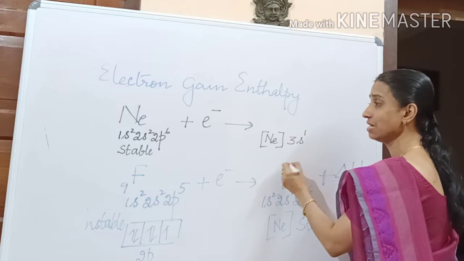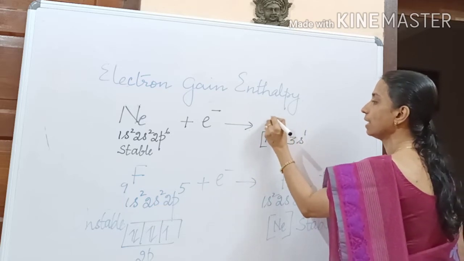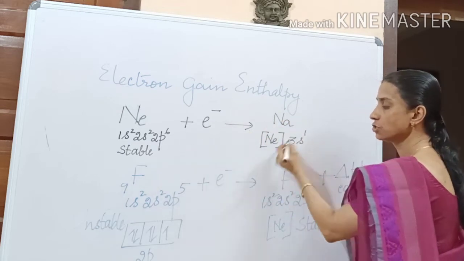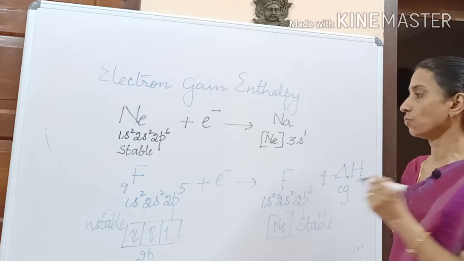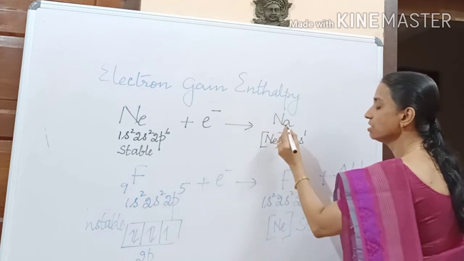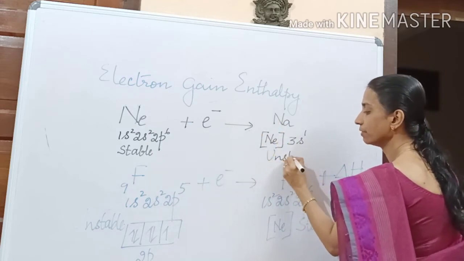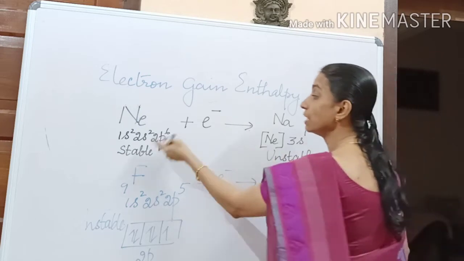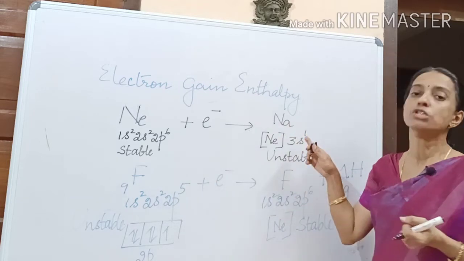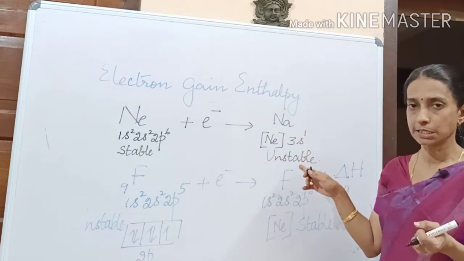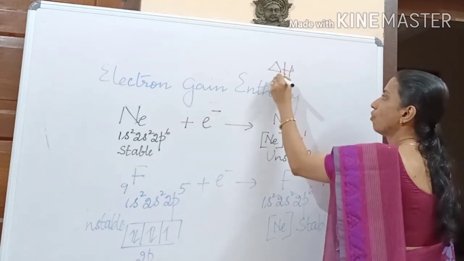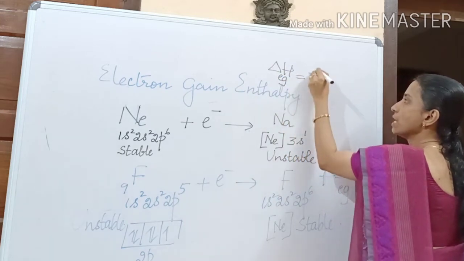That means it is getting a configuration similar to that of sodium. So tell me, out of neon and sodium, which is more stable here? You find that neon is stable. So from the stable configuration, this is becoming unstable. That means it has to absorb energy to change into the sodium configuration. Is it clear? So in such a case, delta H eg value for neon will always be positive.